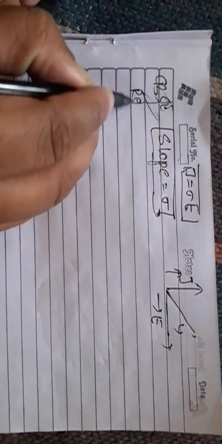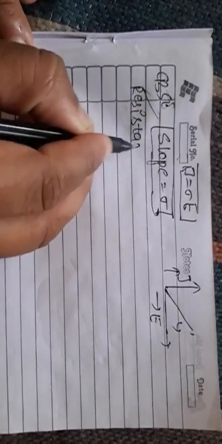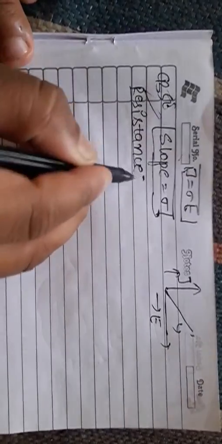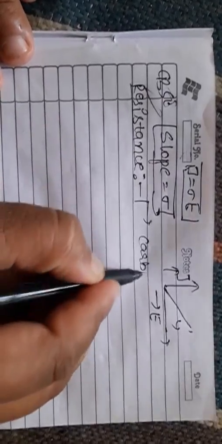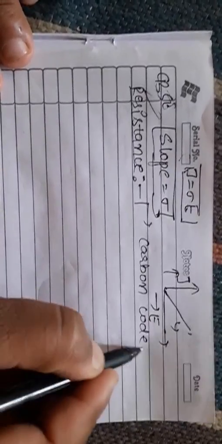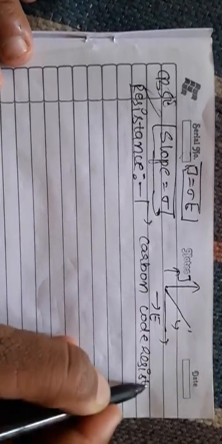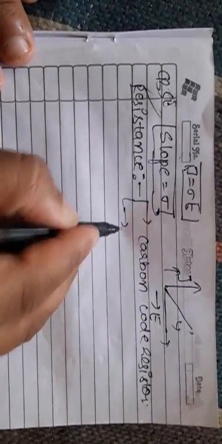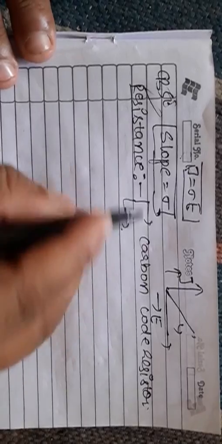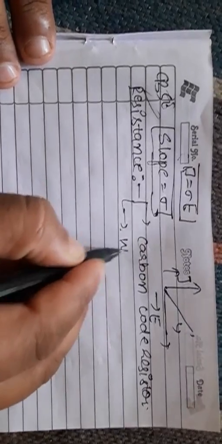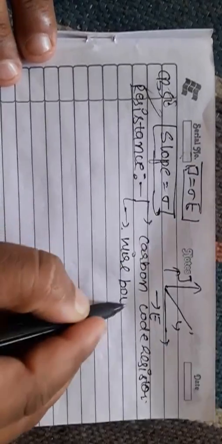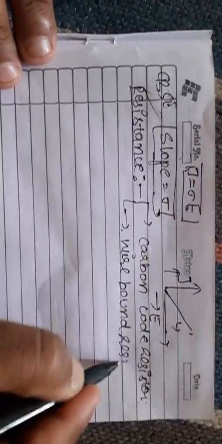Clear? Good. Next question that comes in: what is resistance? It is the obstruction to the flow of charge, same as in 10th class. Resistance is of two types. One is the carbon core resistor. The second is wire-wound resistors, made up of wires.